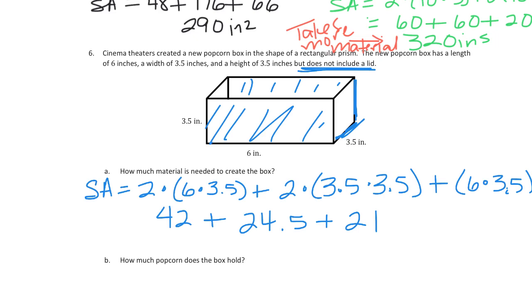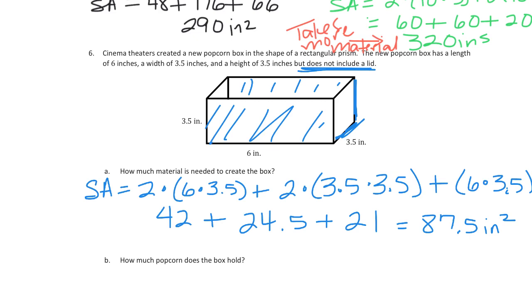So I add those together, and I get 87 5/10 inches squared is how much material, how much cardboard they're going to need in order to make that box.